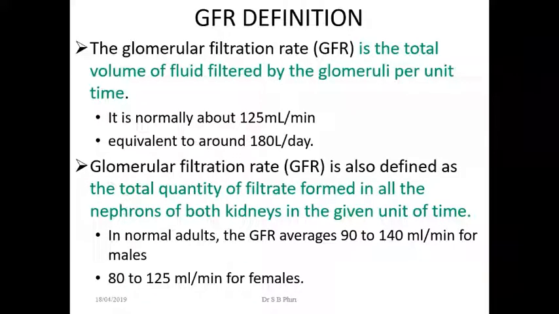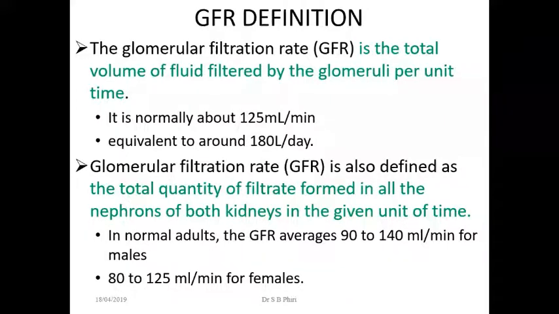Those glomeruli are the ones that are involved in filtration. So the total volume of fluid that is being filtered by all the glomeruli per unit time is referred to as glomerular filtration rate. It is normally around 125 milliliters per minute, of which we also discussed the last time we had a lecture. And it's equivalent to about 180 liters per day.